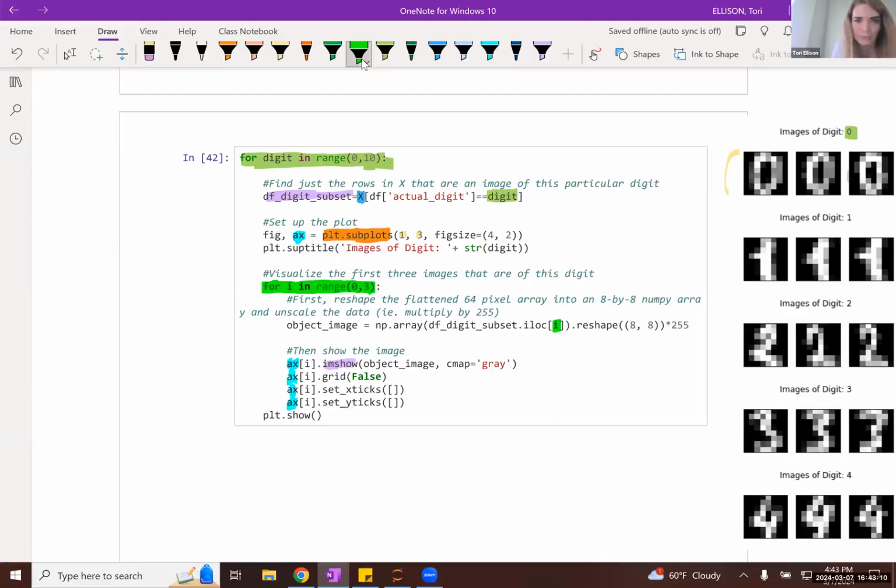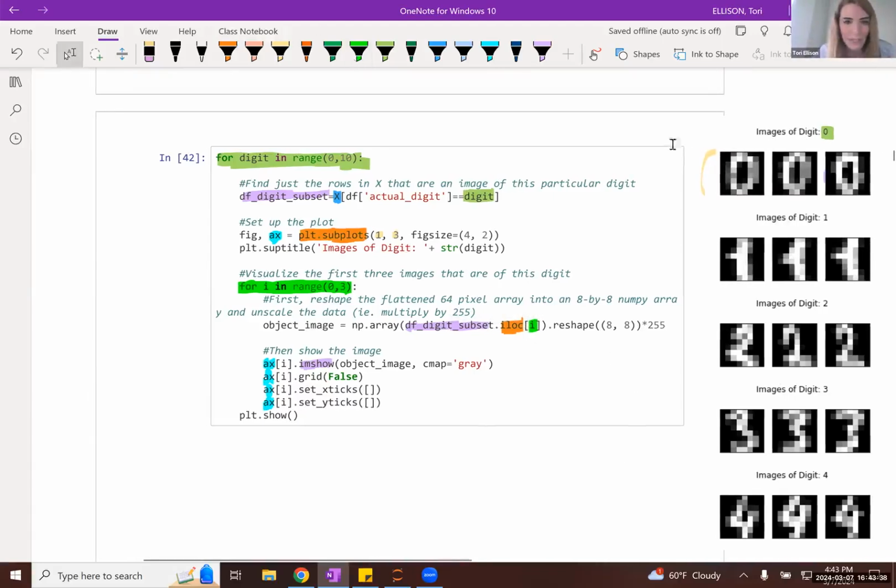I'm going to take my 0 filtered data frame and use the iloc function to locate the observation that corresponds to the 0th, or basically the first row in this data frame, then the second row, then the third row, and so on and so forth.